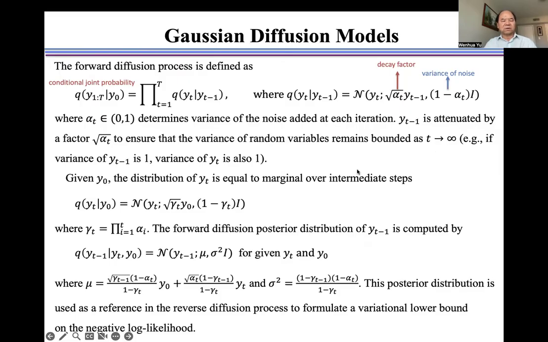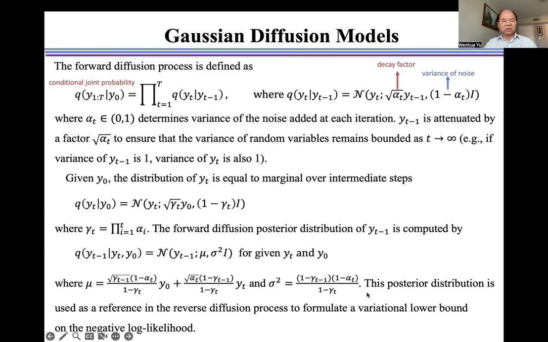Given y0, the distribution of yt is equal to the marginal over intermediate steps as shown here, where gamma t is the product of alpha i. The forward diffusion posterior distribution of yt minus 1 is computed by using this formulation for given yt and y0, where mu is the mean and this is the variance.